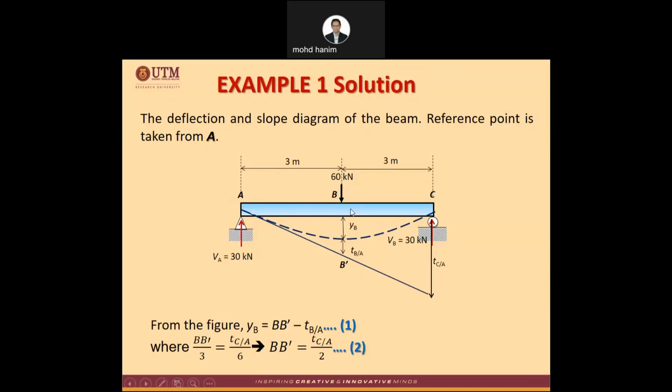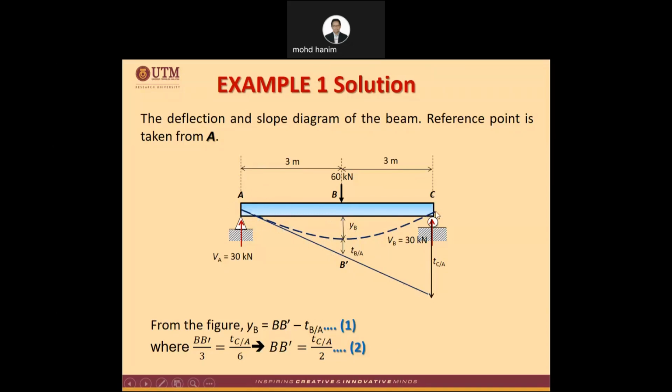This is the elastic curve of deflection, where at point B the slope is equal to 0 and the deflection is maximum, YB. Draw the extrapolation of the slope at A here.